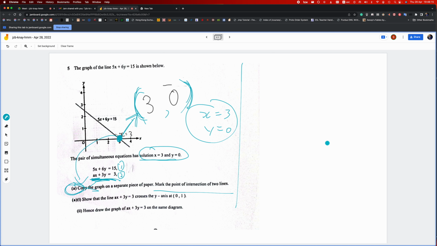Can you do it on the right hand side? Can you still remember? You have equation 1, you have equation 2. How do you find A? Do you know how to find A or not?